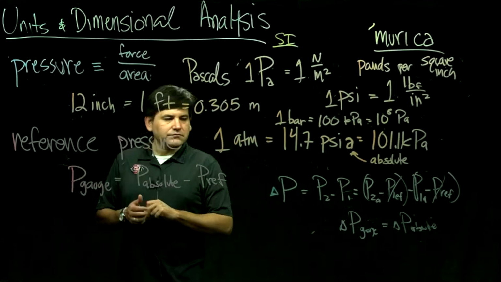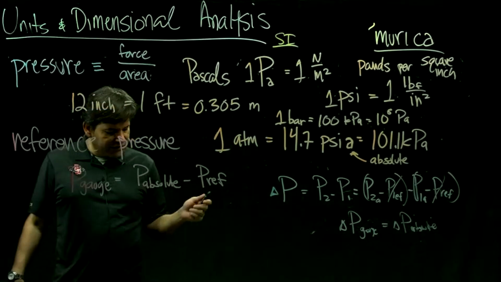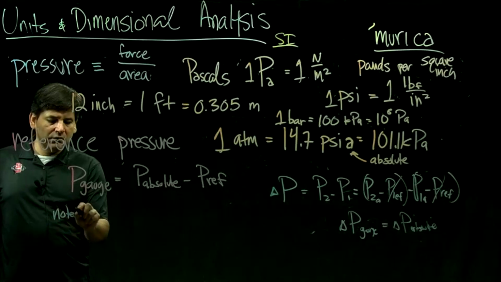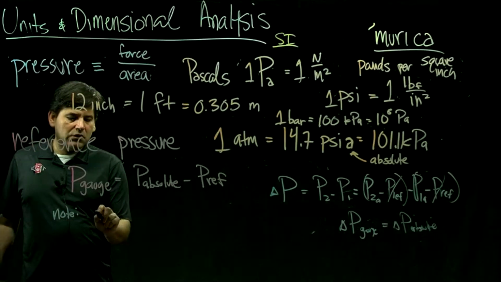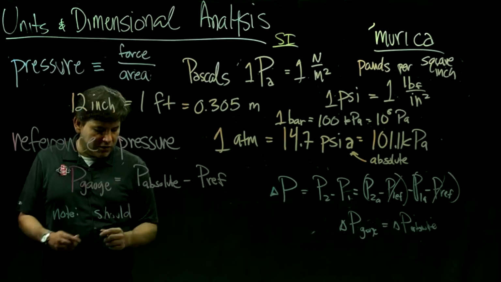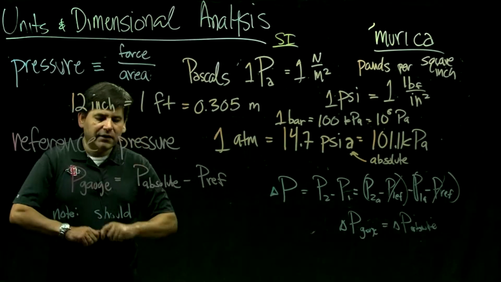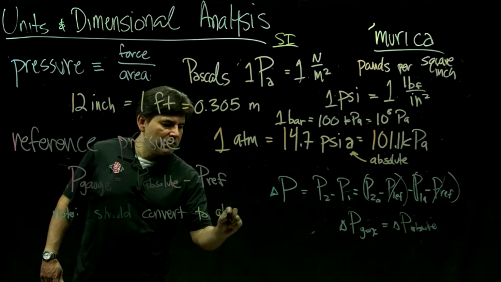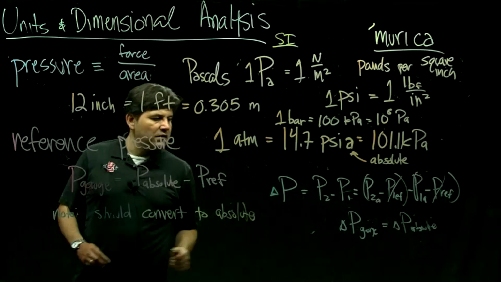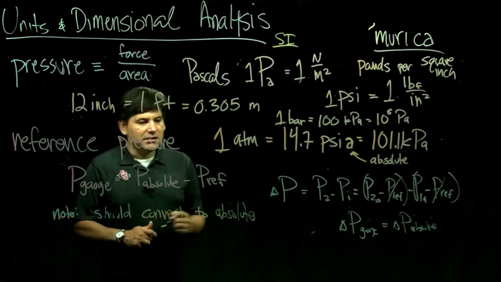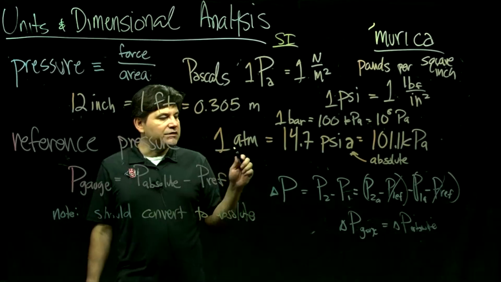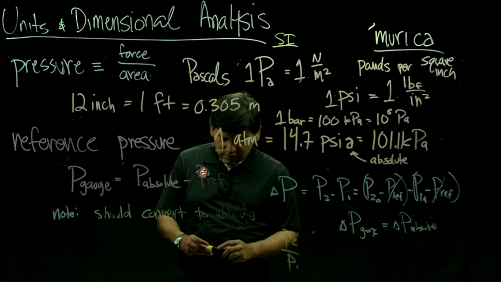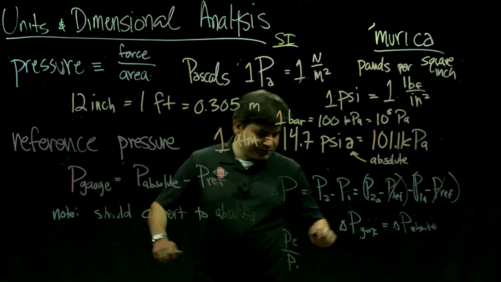However, for engineering calculations, you should remember to be careful and convert to absolute, because if you're taking the ratio of these two, P2 over P1, that's where you can run into problems.